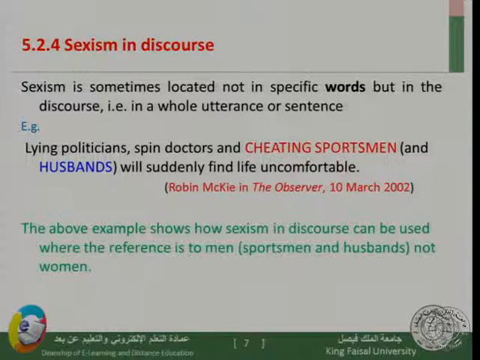This is an example of sexism against men but not women this time. The above example shows how sexism in discourse can be used, where the reference is to men, sportsmen, husbands, not to women. He did not say sportswomen or wives.